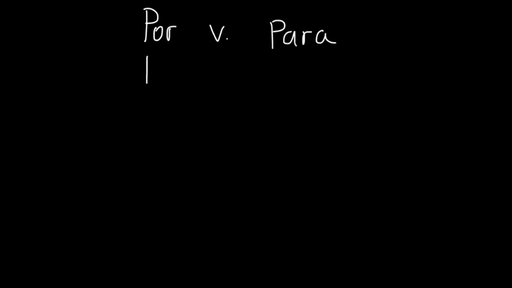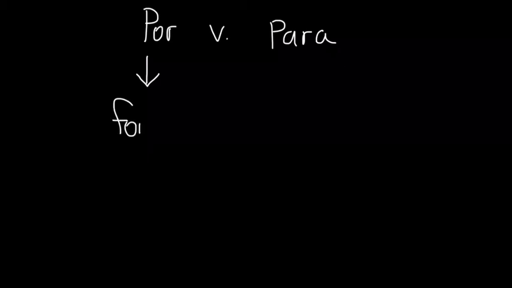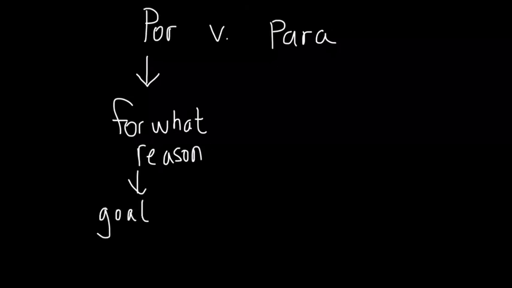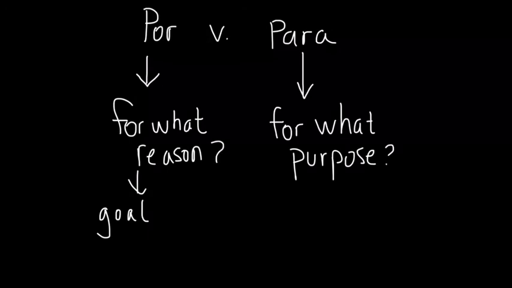Okay, so now let's take a look at the differences between por and para in general. So every time you want to express what reason or what goal is the action or event or the object, then you use por.